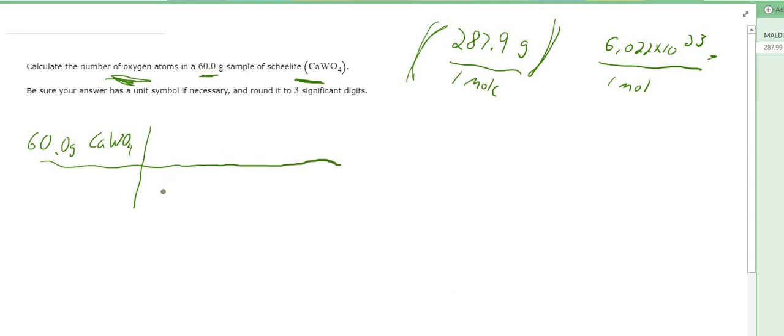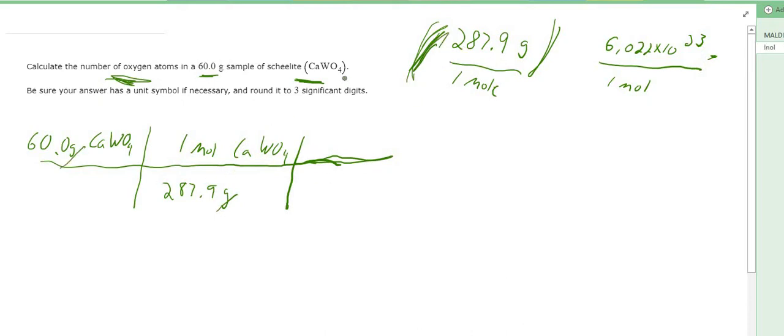I know that there are 287.9 grams in 1 mole of the scheelite. I'm just going to invert this and flip that. So now I can keep going. My grams of scheelite will cancel out. I inverted that particular conversion factor.